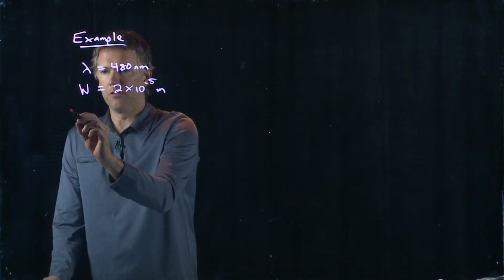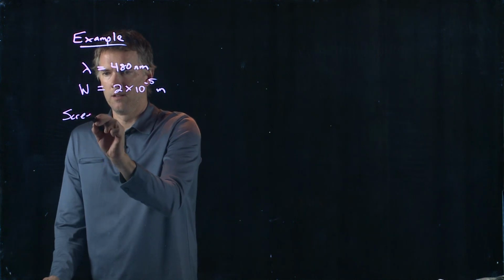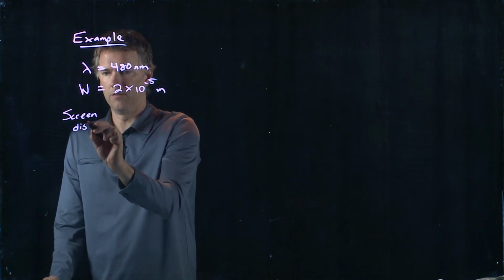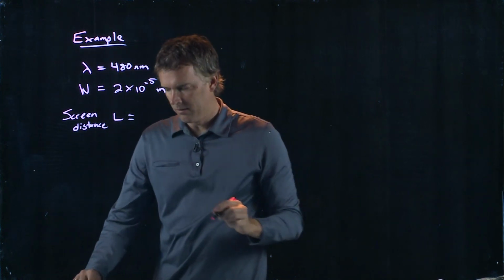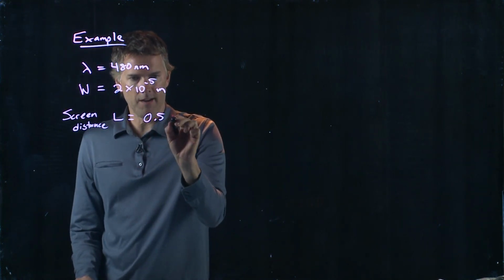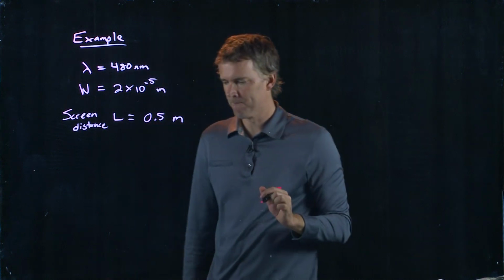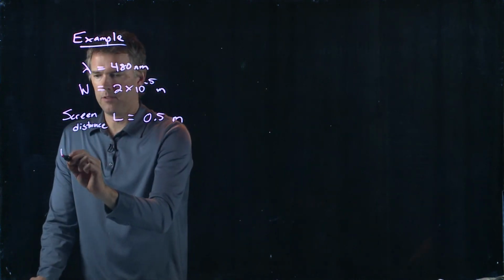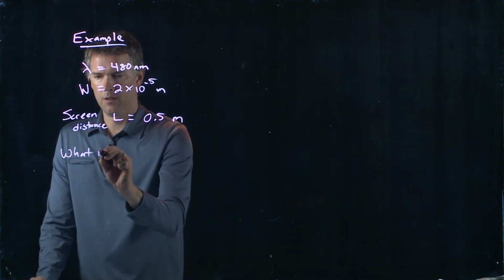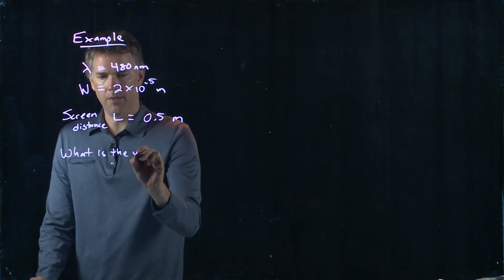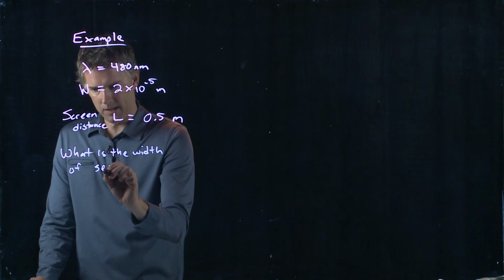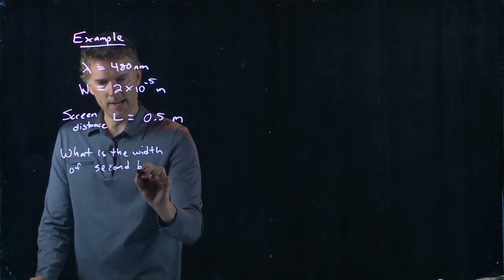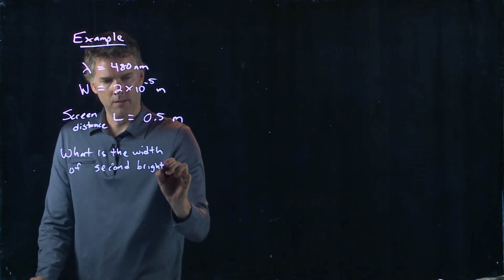And we're going to say that the screen distance L is 0.5 meters away. And let's ask the question, what is the width of the second bright fringe?